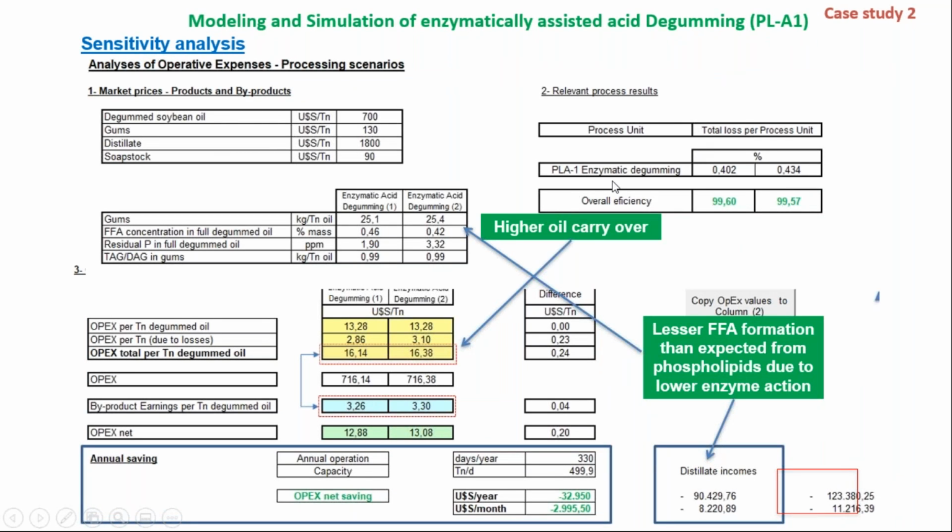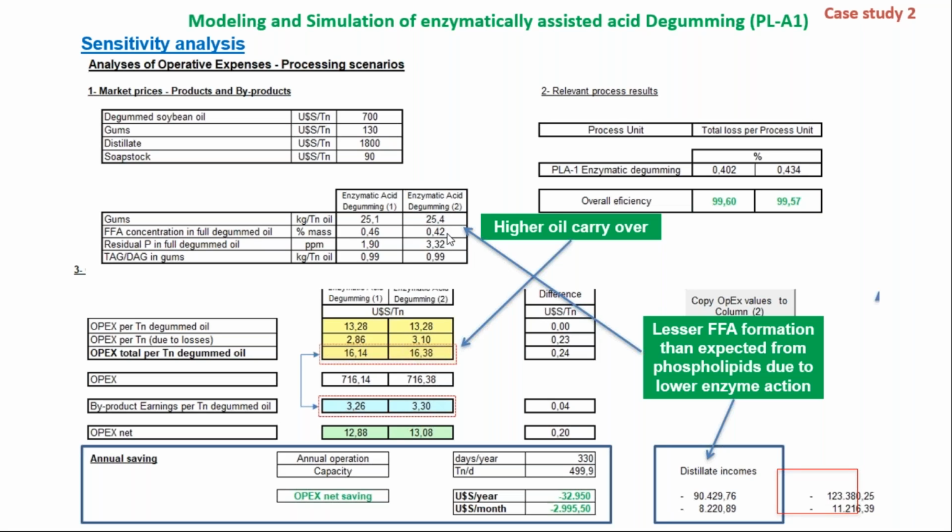So basically, these are the results. Okay, so due to the lower reaction conversion of both acid reaction and enzymatic, we have a higher production of gums.